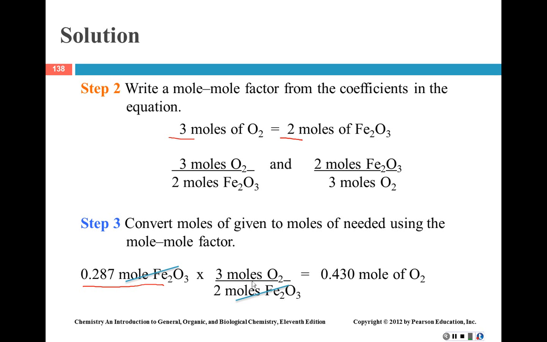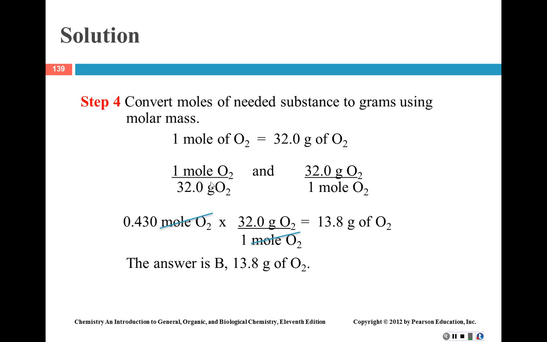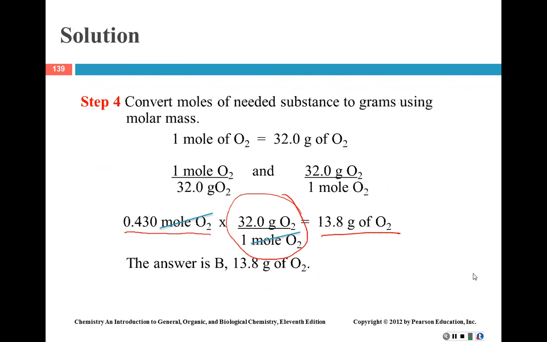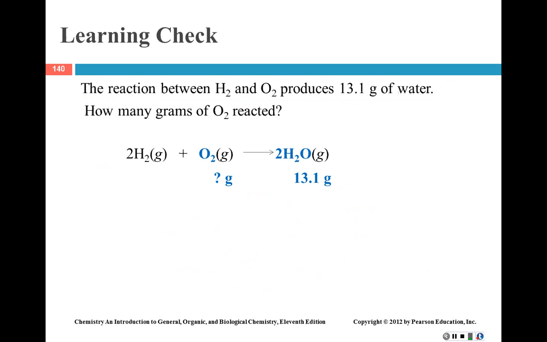So those moles times the 3/2 ratio to get moles of oxygen, and then moles of oxygen times the molar mass ratio gives you grams of oxygen. So what they're doing in 4 steps, all I'm doing is I'm combining it, and I am using the analysis that I told you so that I can cancel each one of these out as I go along and get that. And so you can do it in steps like this, or you can do it in one long step.